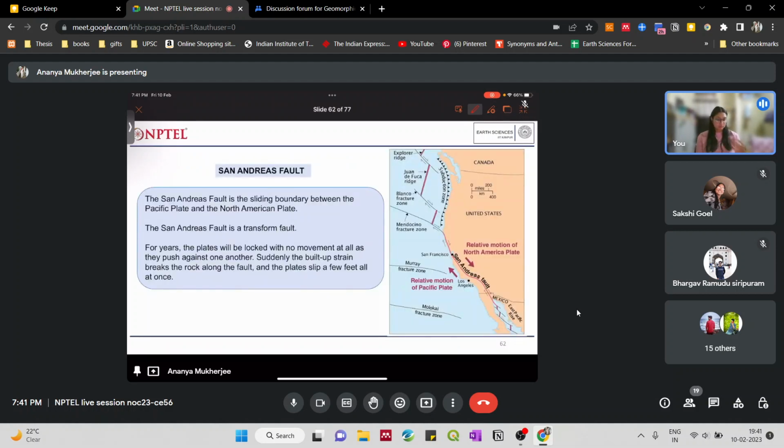Again you see over here there is a subduction zone. That means the Juan de Fuca plate is subducting below the North American plate. Soon this plate is going to get consumed beneath the North American plate.